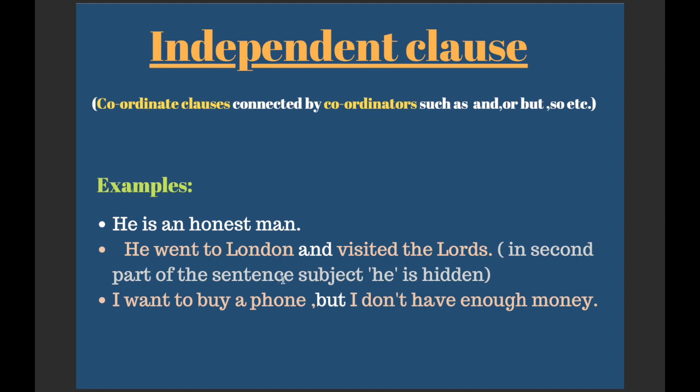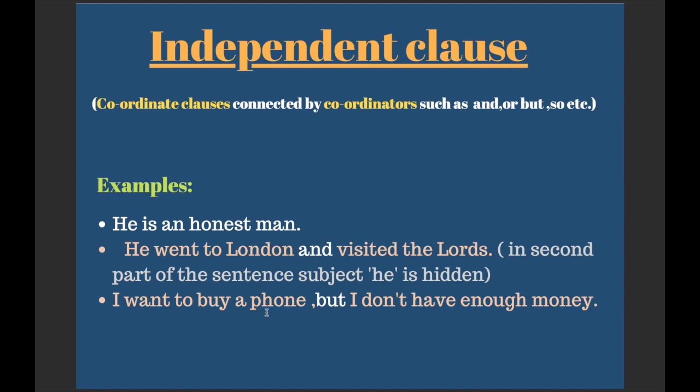In the second part of this sentence, the subject he is hidden. So we could write these two sentences independently. That is, the first sentence is he went to London, full stop, and the second sentence is he visited the Lords. But here we have connected both the sentences or both the clauses with the help of a coordinator, that is coordinating conjunction and.